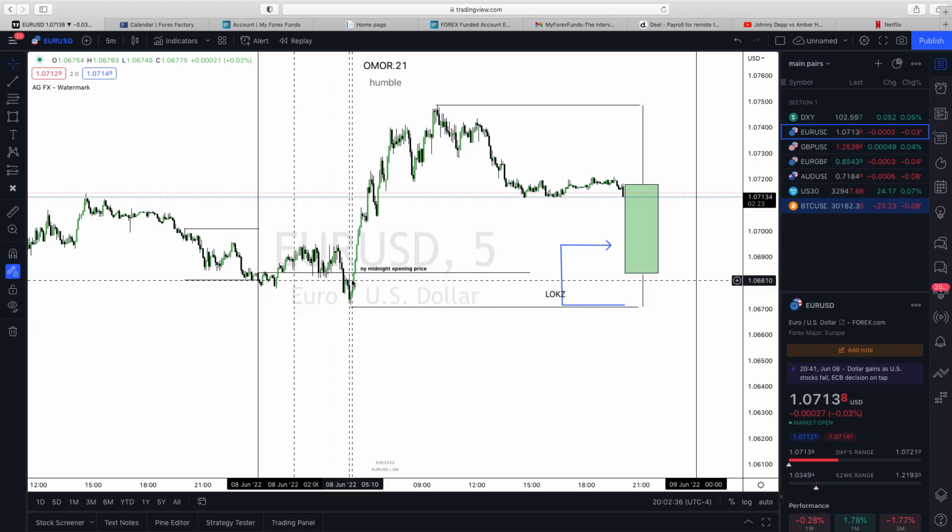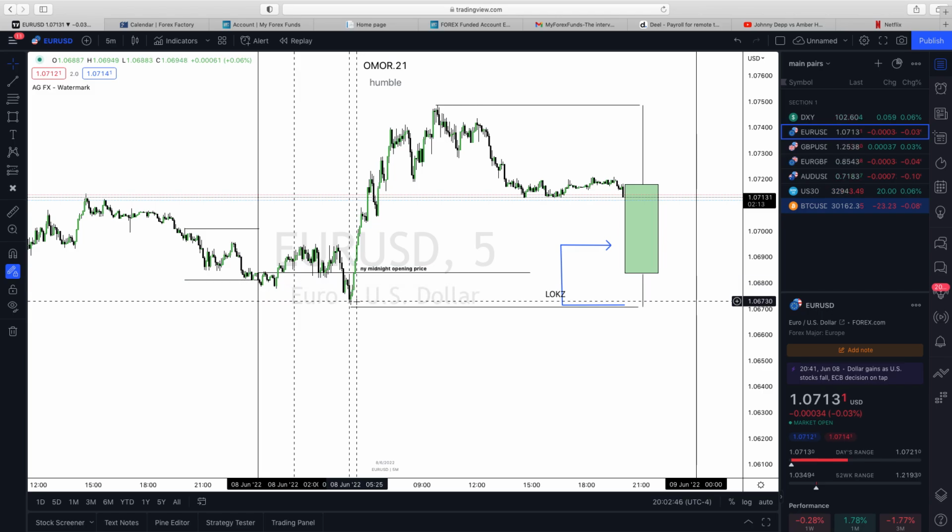This is your true overbought and oversold for London. The best sells come from under London. Now, it doesn't mean that when price trades above the midnight price again, I can't get a trade.